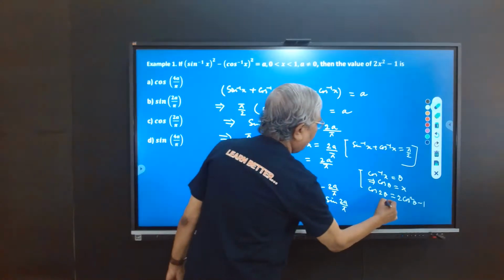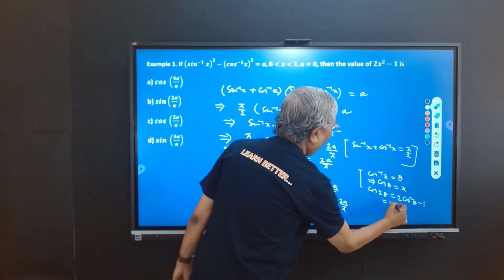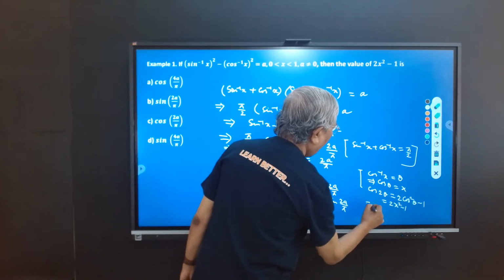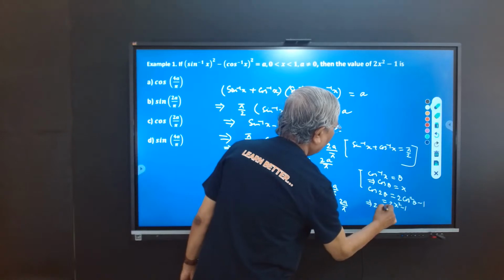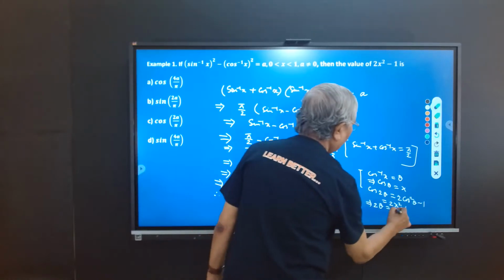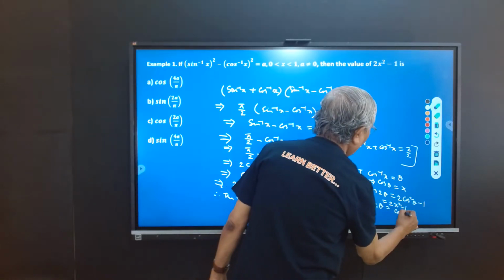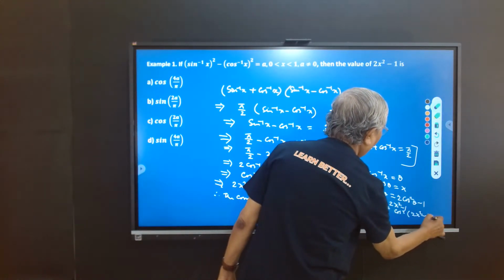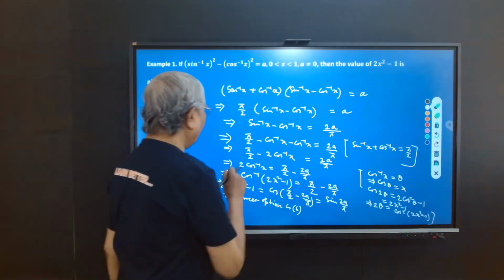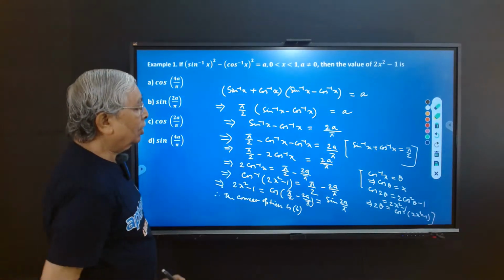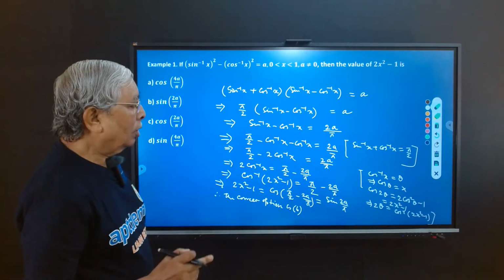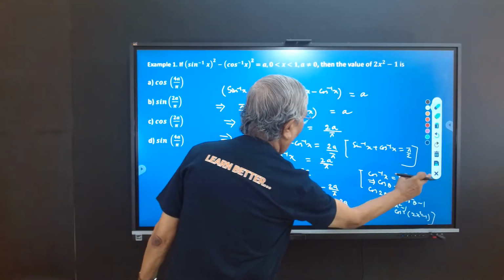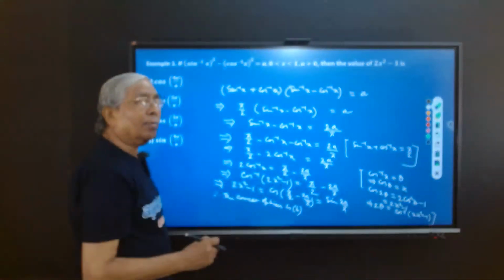So this we can write as 2x square minus 1. So 2 theta is equal to cos inverse of 2x square minus 1, so 2 cos inverse x equals cos inverse of 2x square minus 1.